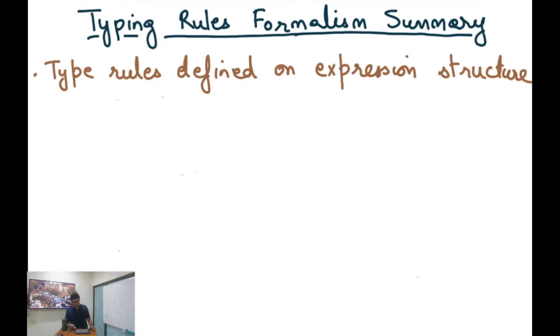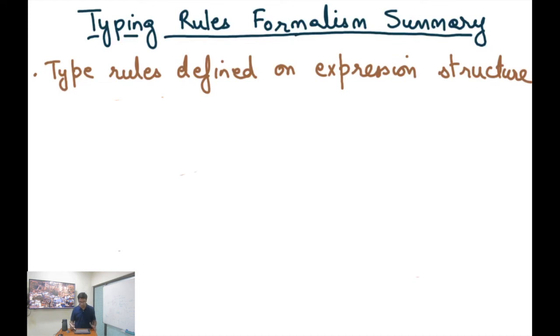Alright, so here's a summary of typing rules. Type rules are defined on the expression structure. So notice that in all the typing rules, we are looking at one particular operator that is possible in an expression tree, and so we have already discussed how the type proof basically has the same structure as the abstract syntax tree, one for each node of the abstract syntax tree.